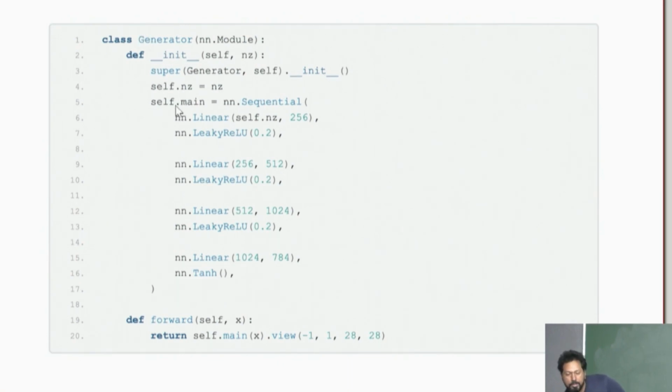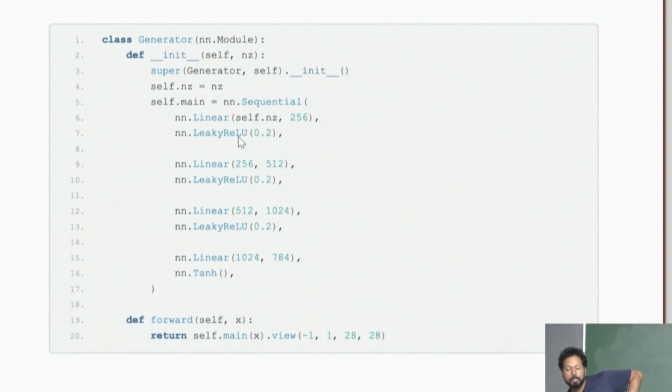And then we have this generator class here, and in the generator class we have the initializer with the nz here, and it is a sequential container that we are using. That means it will go through this in a sequence. First is the linear layer with input size nz, output size 256.